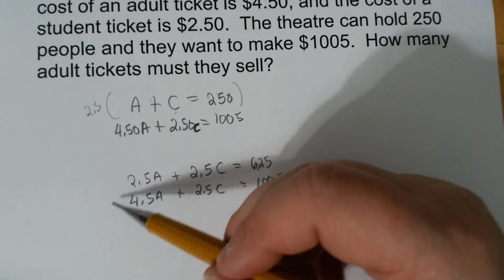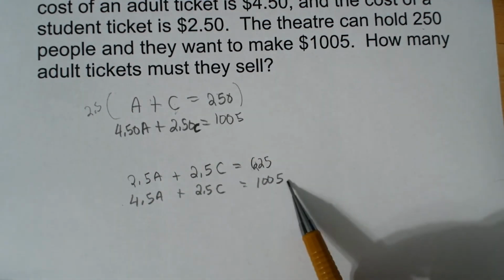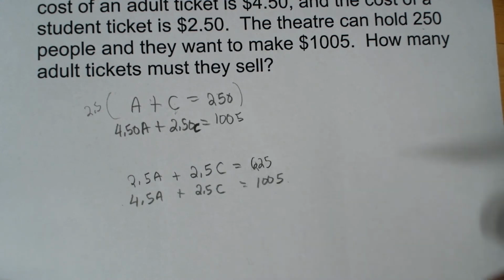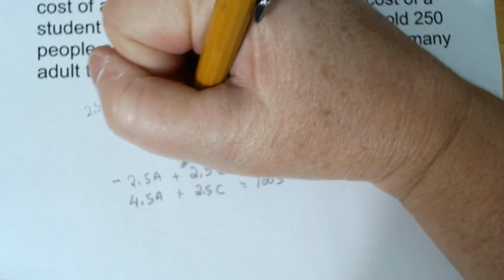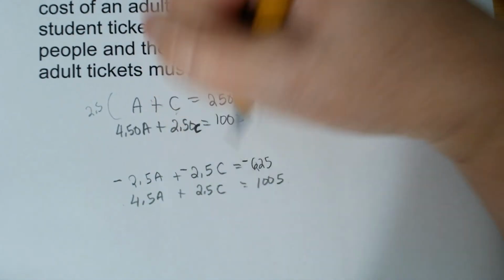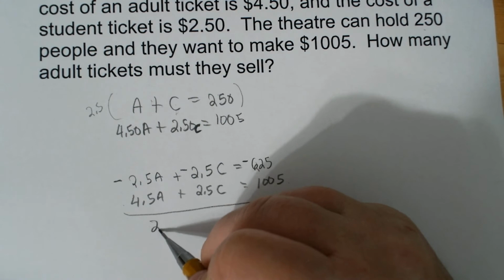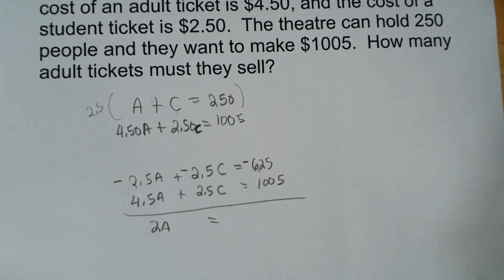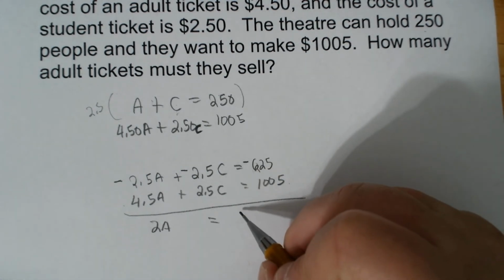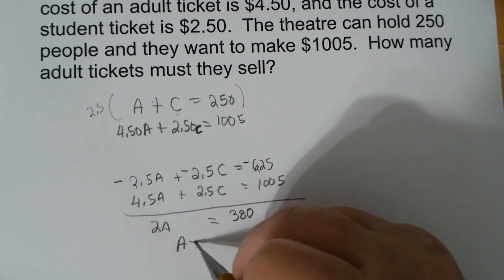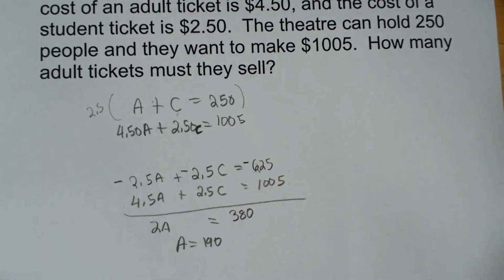I don't want to subtract these because it would cause negatives, and I don't like it. So I'm going to change the sign of the top one, and I'm going to get 2a equals 380, a equals 190.